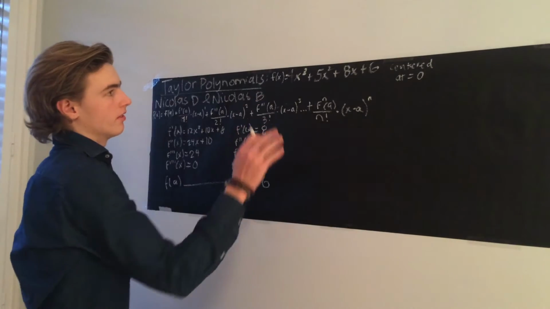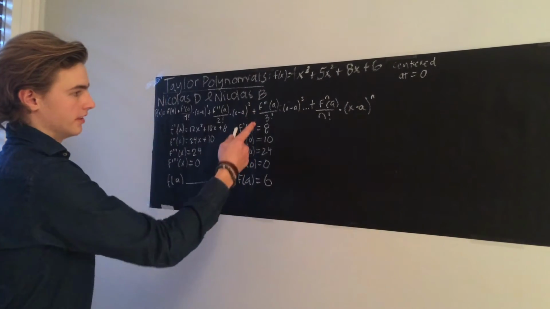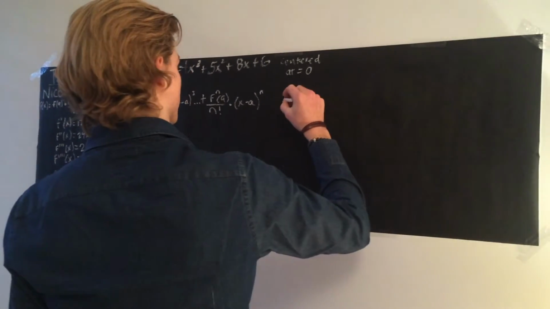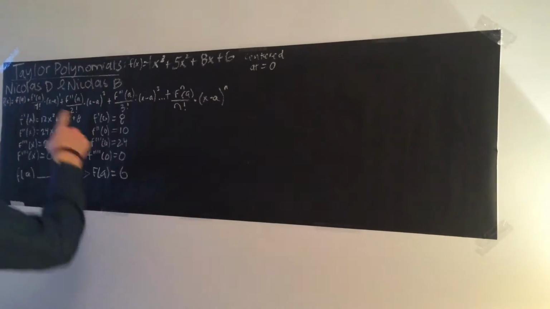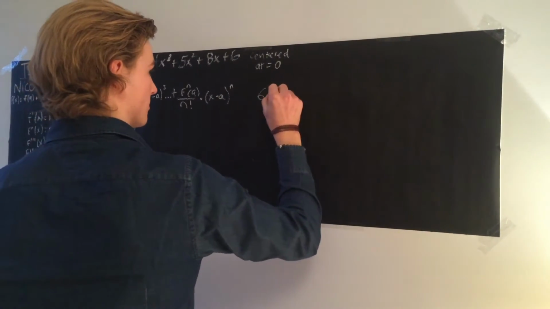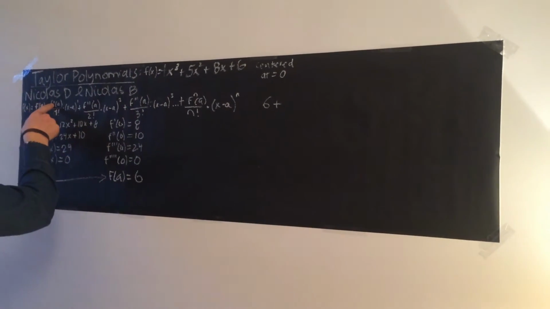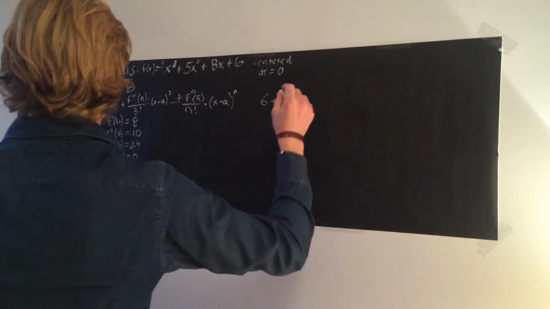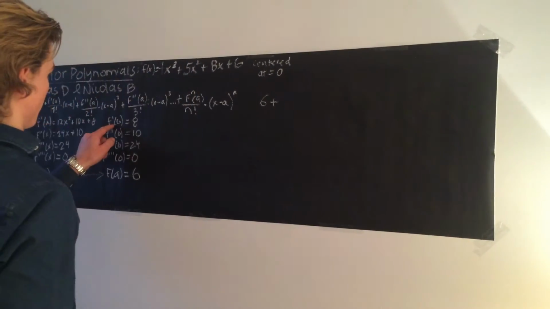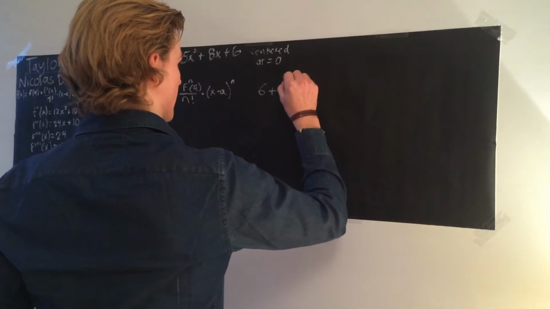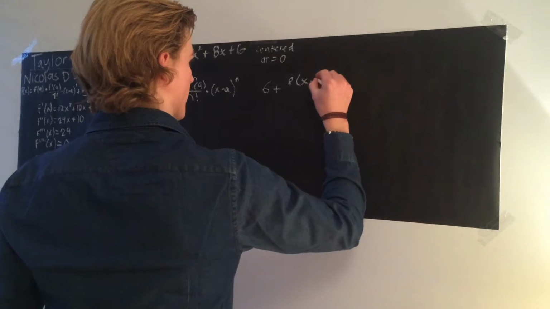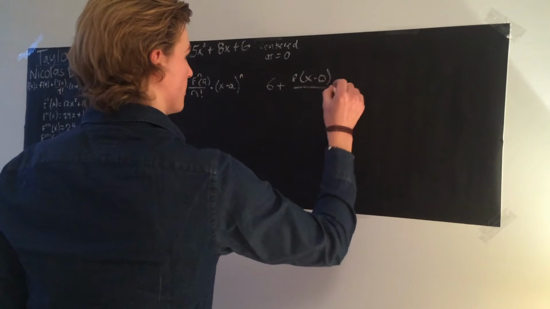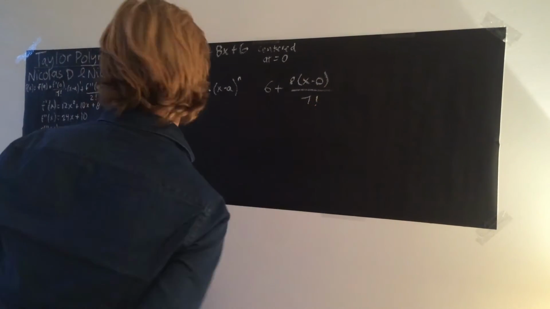Okay, so the final step to solve this third degree polynomial is to put these derivatives into this function. So it's going to be f of a, which is 6, so 6 plus f prime of a, the first derivative of a, times x minus a divided by 1 factorial. The first derivative of a is 8, so 8 times x minus a, in this case x minus 0, divided by 1 factorial.